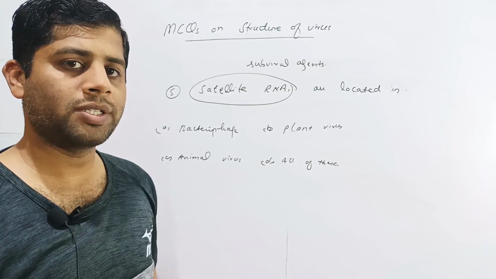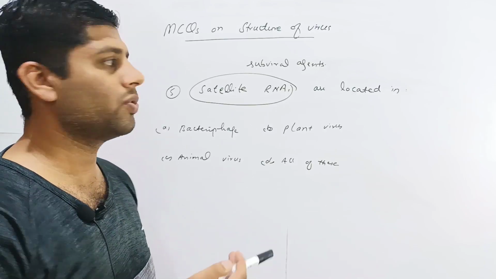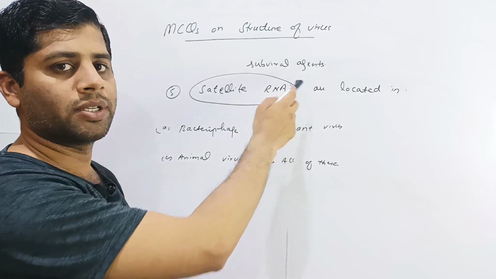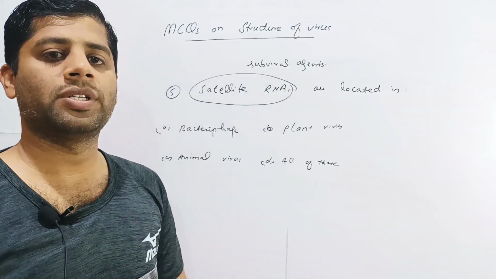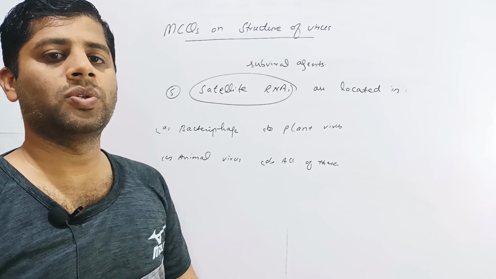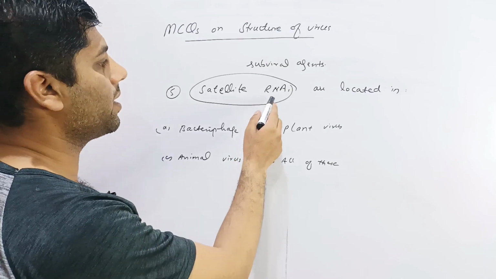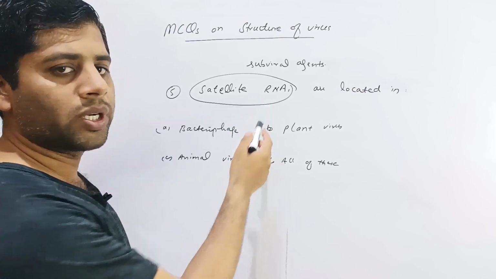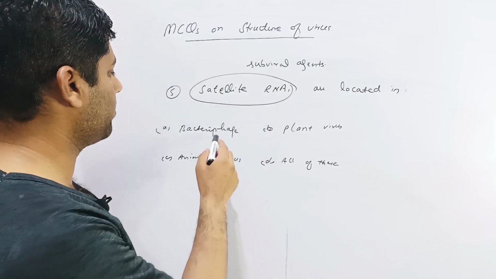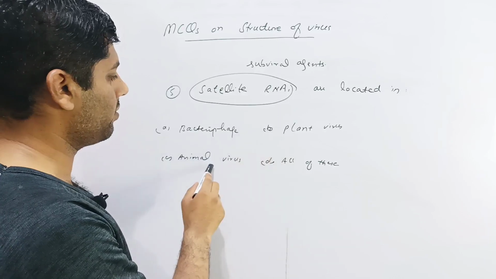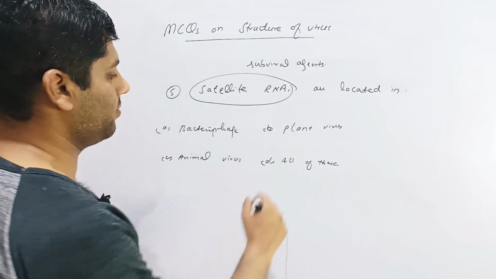Otherwise, without helper viruses, these cannot replicate on their own. Therefore, these are called subviral agents, and these cause co-infection with other viruses. These infect the host cell and cause multiple types of infections. So these are the satellite RNA molecules which are located in all types of viruses: bacteriophage, plant viruses, animal viruses. So the correct option is all of these.